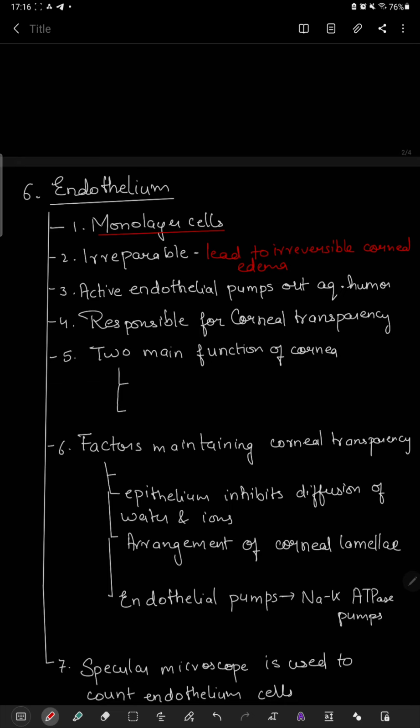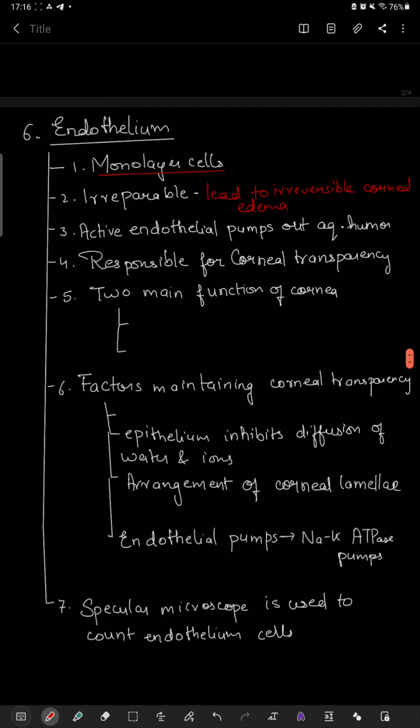What happens is that the active endothelium layer pumps out the aqueous humor. If it gets damaged, the aqueous humor won't get pumped out, so it will lead to corneal edema. Okay, it is also responsible for the corneal transparency. This point needs to be remembered.